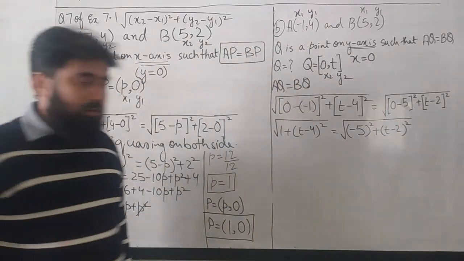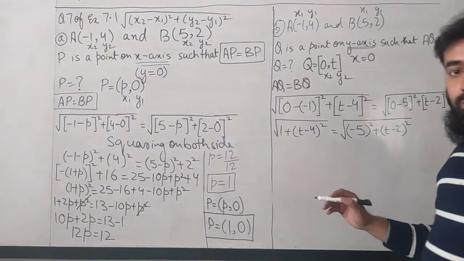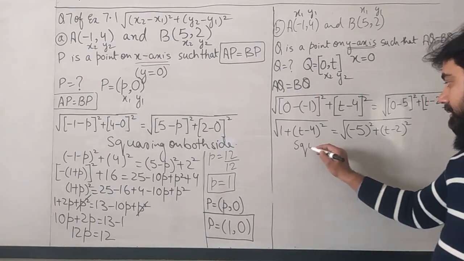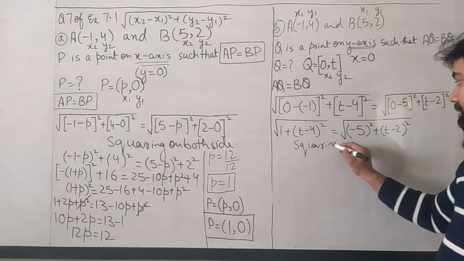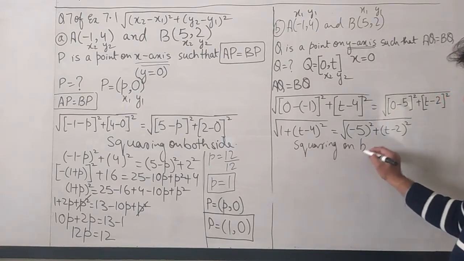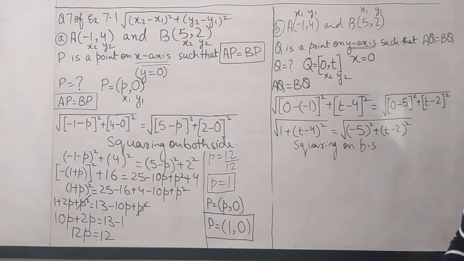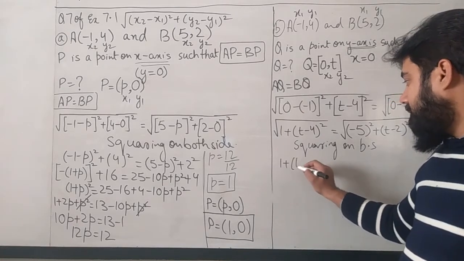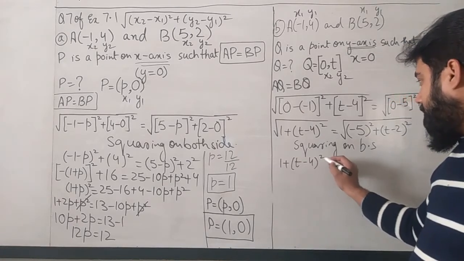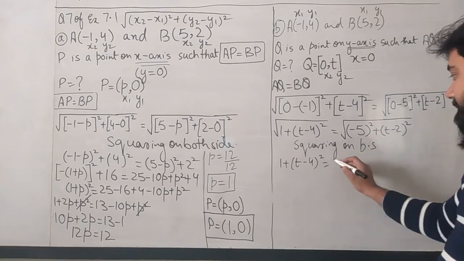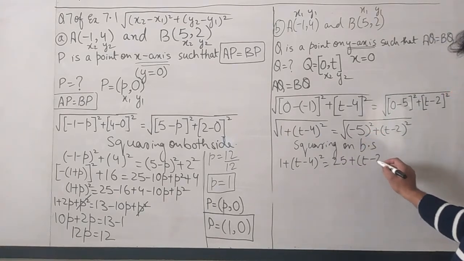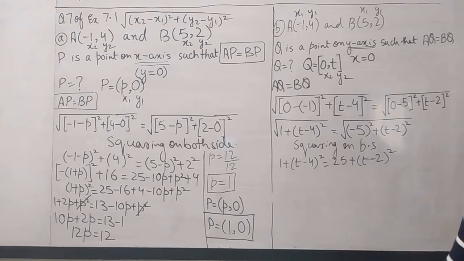Okay, now first of all, what I am going to do next is remove the root by squaring on both sides. So when I square on both sides, the root will be removed. 1 plus t minus 4 whole square, minus 5 square will be 25, plus t minus 2 whole square.